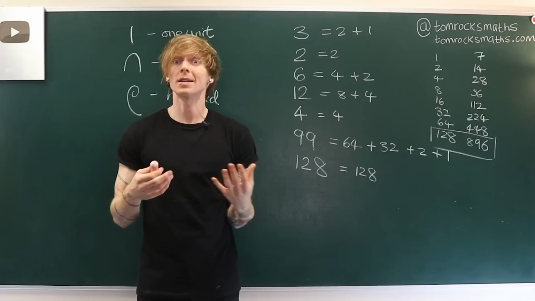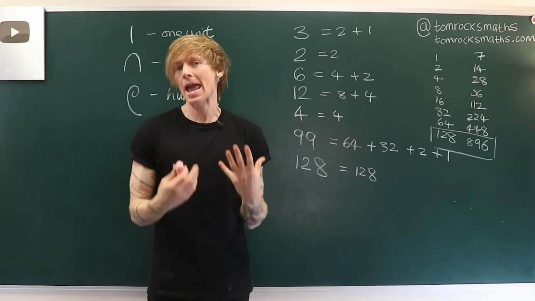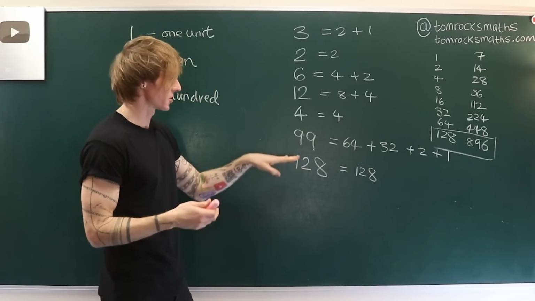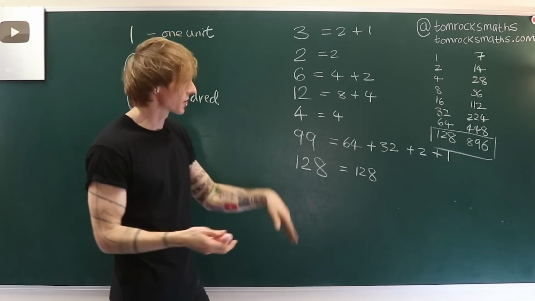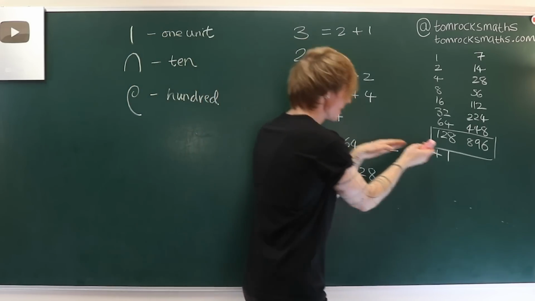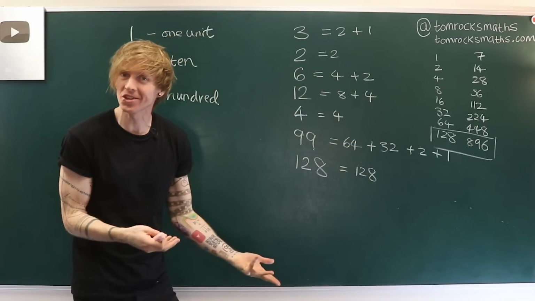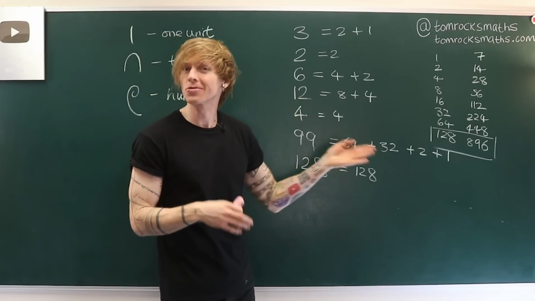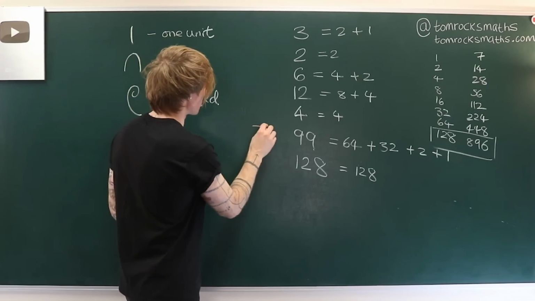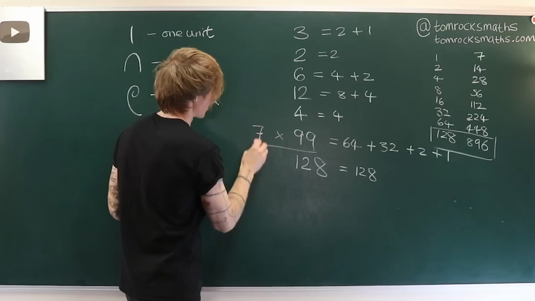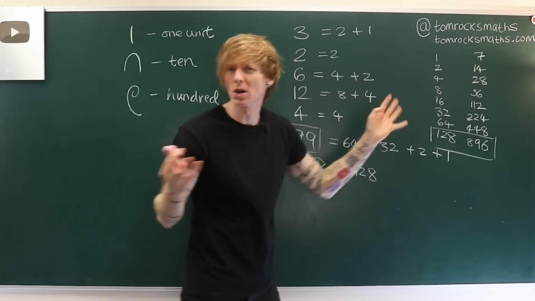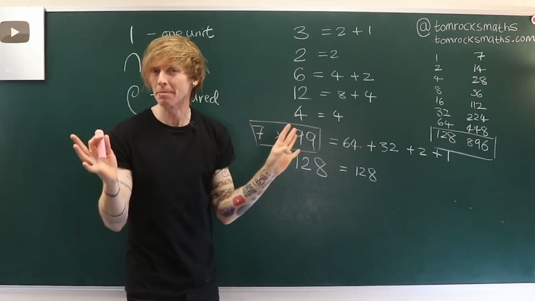And this method will actually work when multiplying together any two numbers. You do not require one of the numbers to be a pure power of 2. We could instead take 99, having broken it up into its power of 2 decomposition, we then just add together those relevant pieces. So for example, suppose I want to do 7 multiplied by 99. I'm just picking 7 again because we've already done some of the work over here. Again, that could be any number.